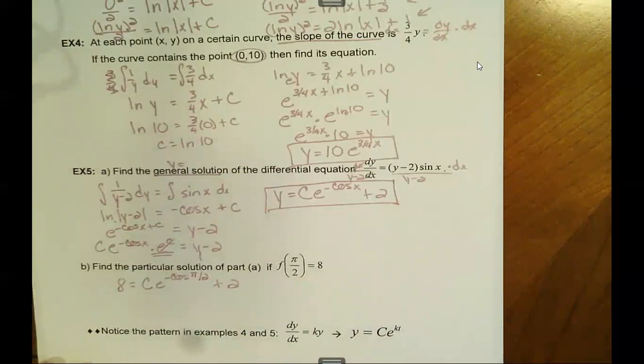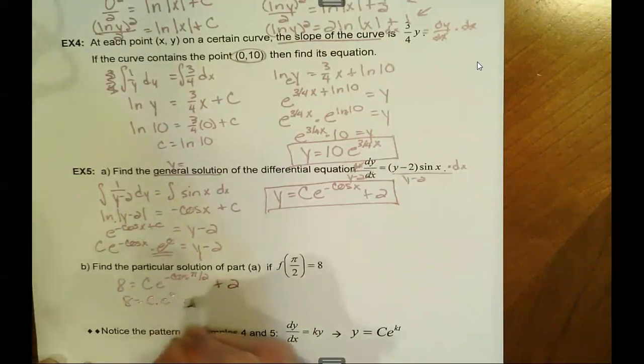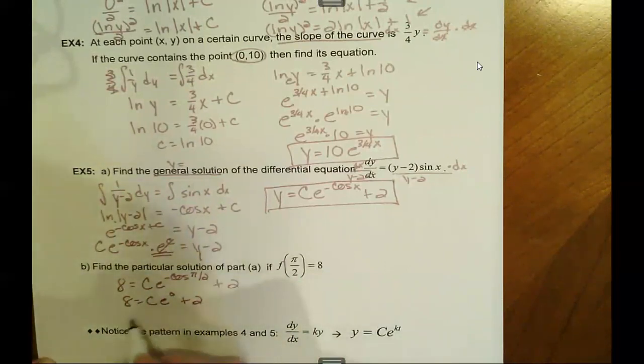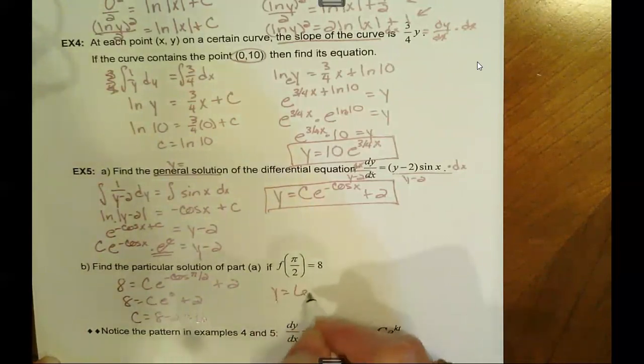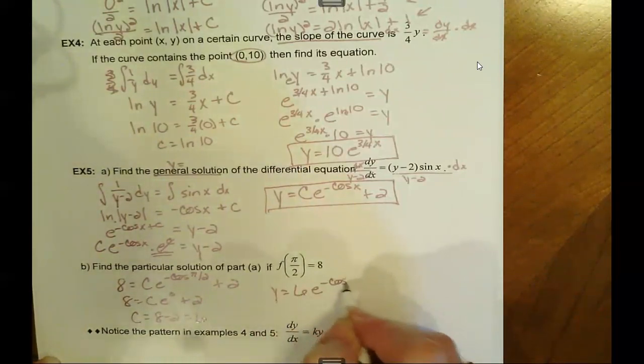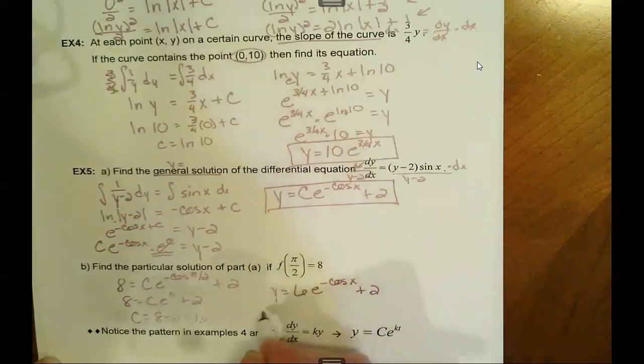Well, cosine of pi halves is 0. So this is e to the 0 power, which is just 1. So this is just c. So c is going to equal 8 minus 2, or 6. So the particular solution would be y equals 6 e to the negative cosine x power plus 2.